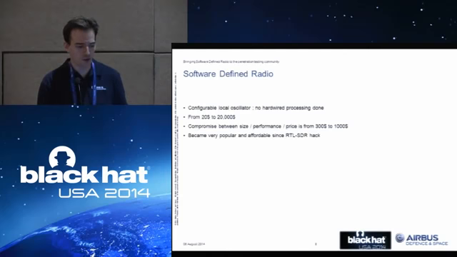And it became very popular and affordable since RTL-SDR. Those are the ones for $20. It's just a USB TV receptor that has been hacked by the driver to be able to stream samples, but it can just receive. And all can listen, but some also can send, and that's the deal.